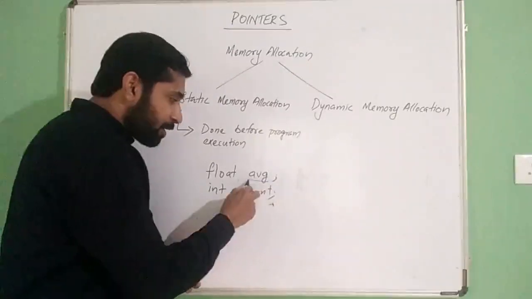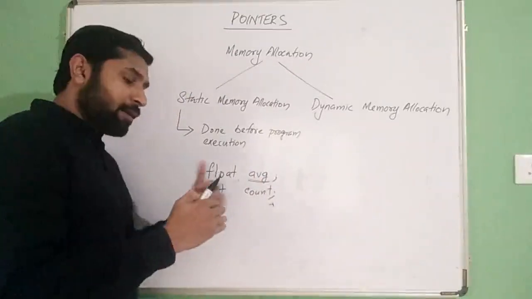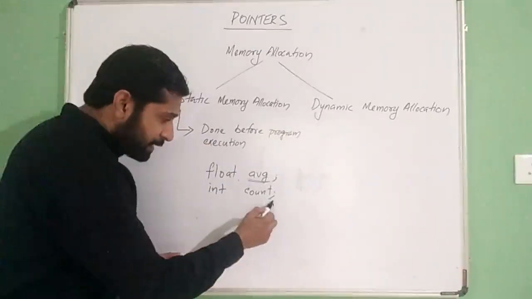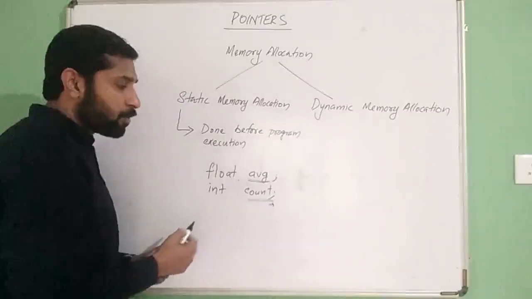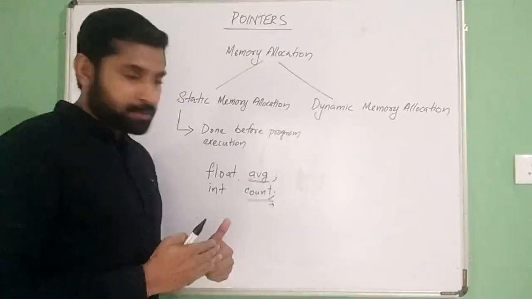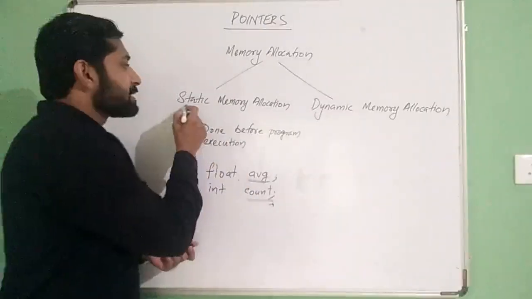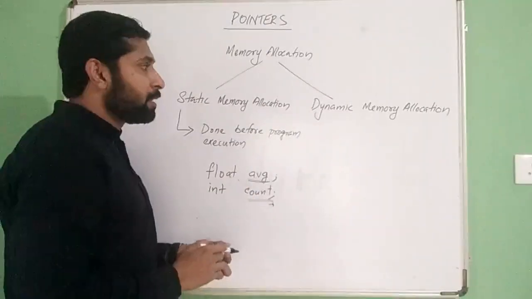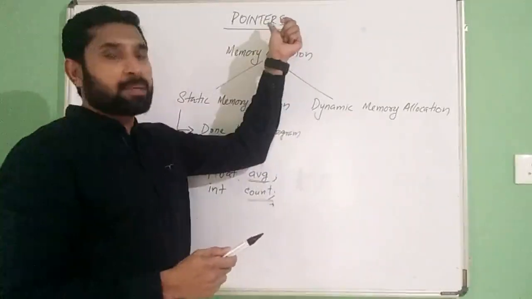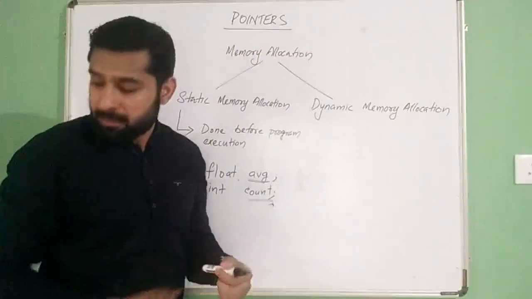Here memory for avg is reserved before program execution. Space for the variable count is reserved before program execution. So this is static memory allocation. Here we are interested in dynamic memory allocation. Why? Because it is something related with pointers.